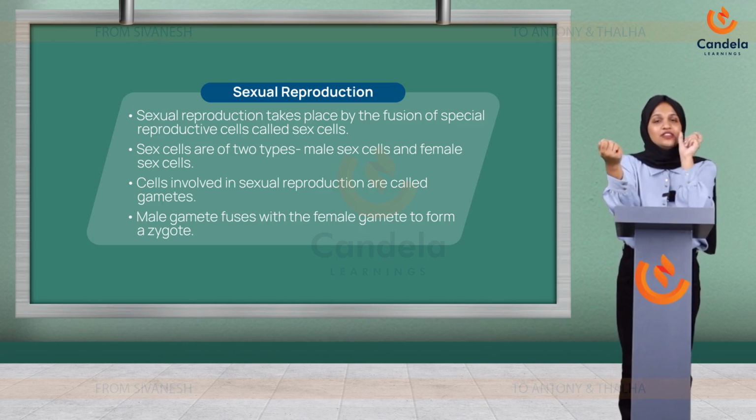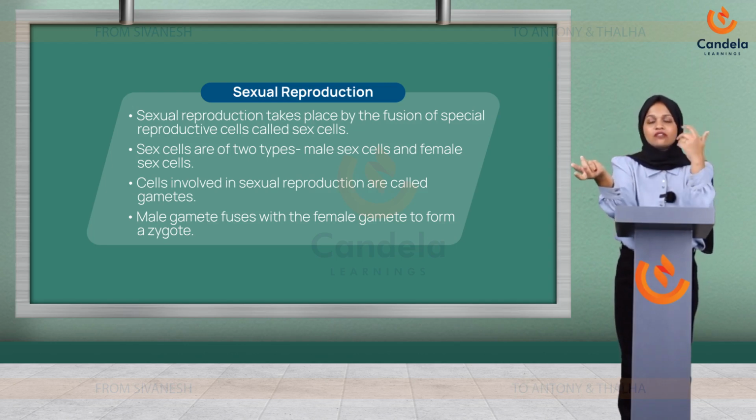The cells which are involved in sexual reproduction are known as the gametes. So we'll have two gametes, the male gamete and the female gamete. The male gamete fuses with the female gamete, and a zygote is formed. So this is how sexual reproduction takes place in living organisms.